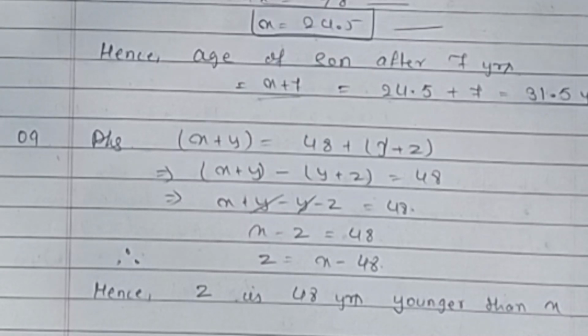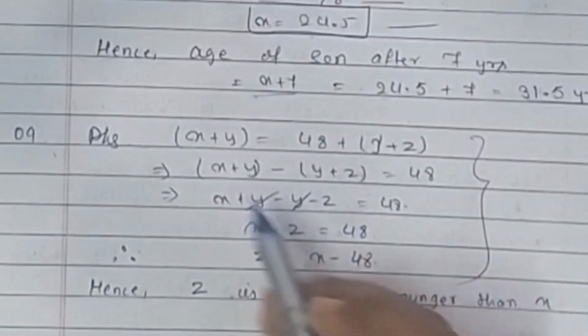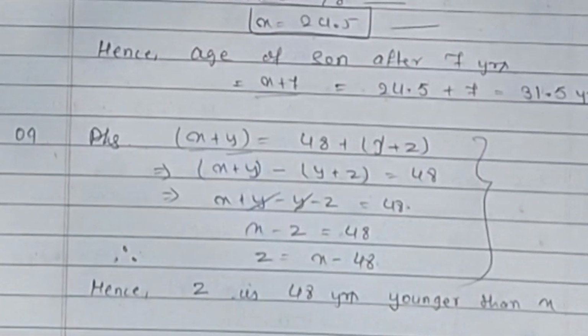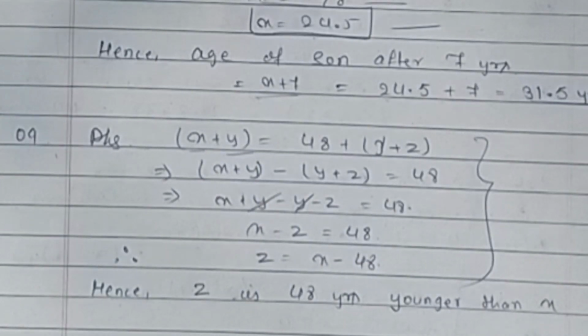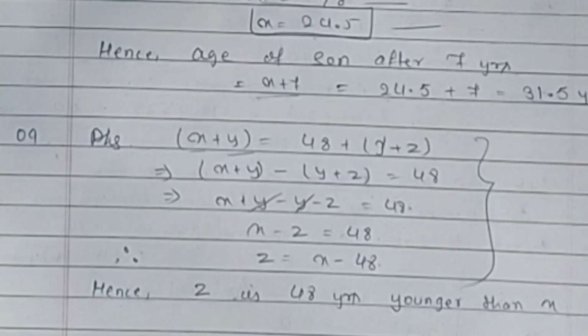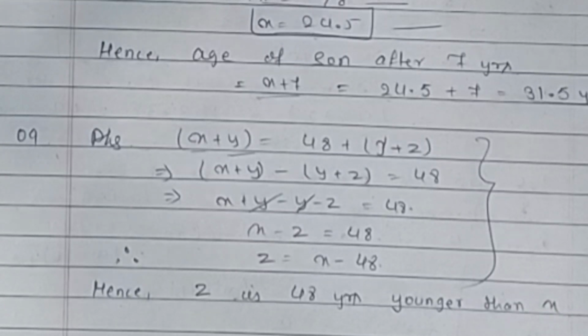So you have to assume x plus y as the present age of x and present age of y, because we don't want to complicate things.